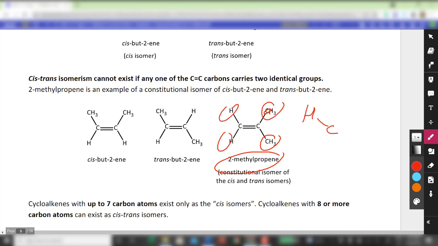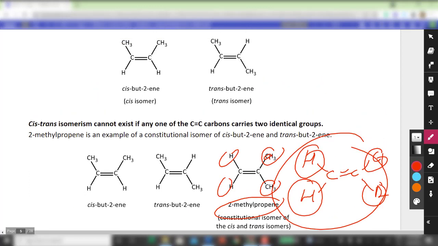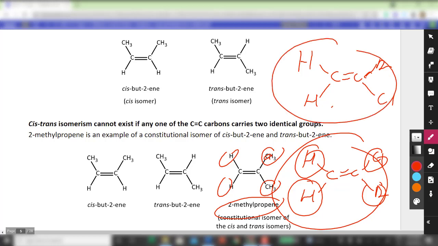So even if the other side, let's say I have a Cl and then a Br, even though these two are not similar, as long as one of the sp2 hybridized carbons has the same group, then cis-trans isomerism will not exist. Because there is no difference between this particular compound and this particular compound, Br and then Cl. I can interconvert them by just flipping in the plane 180 degrees.